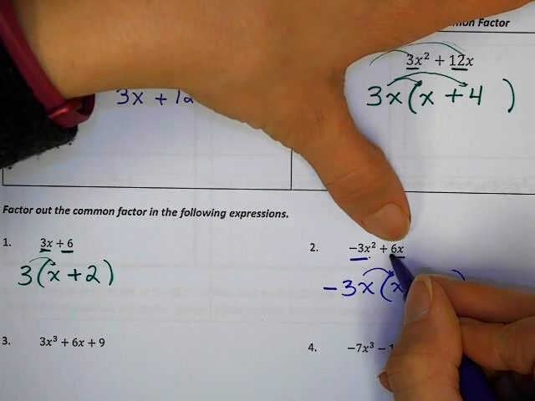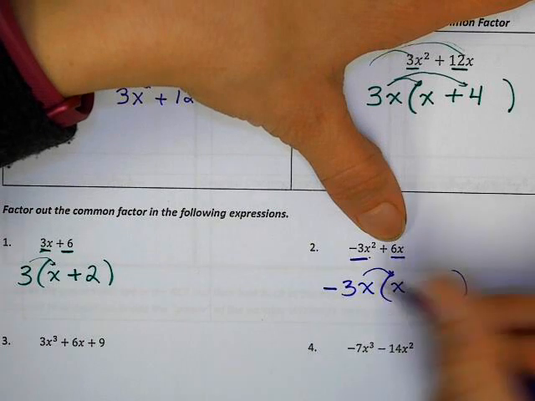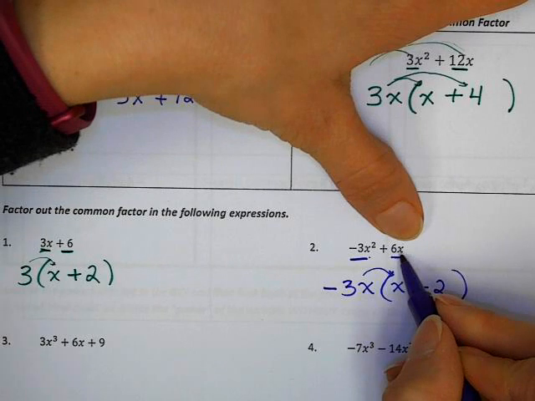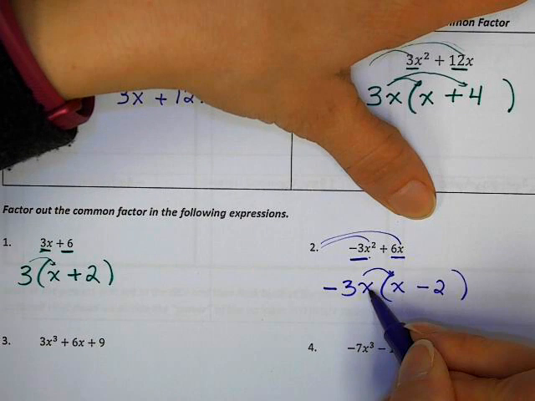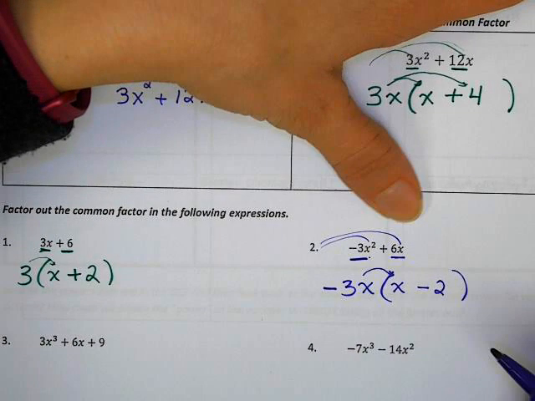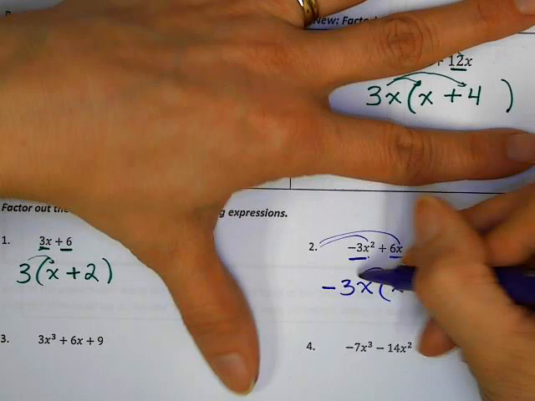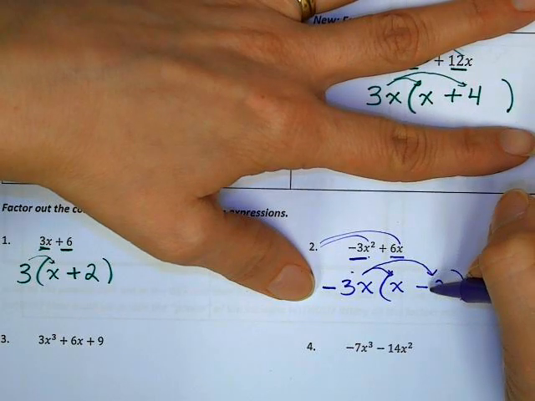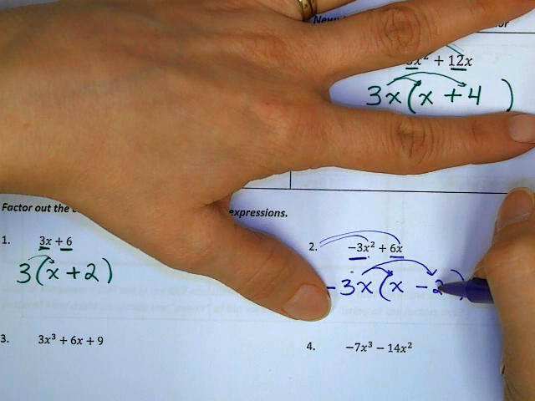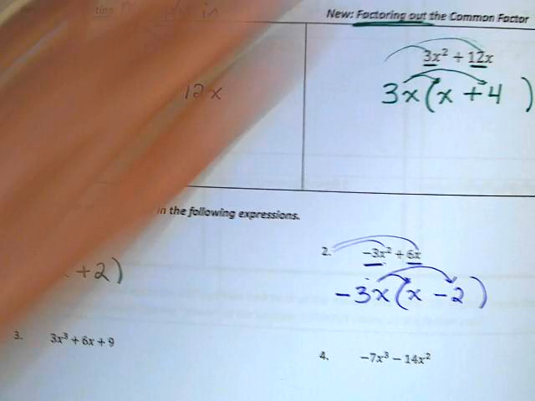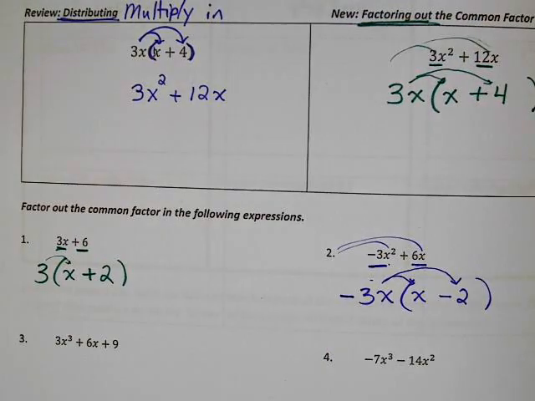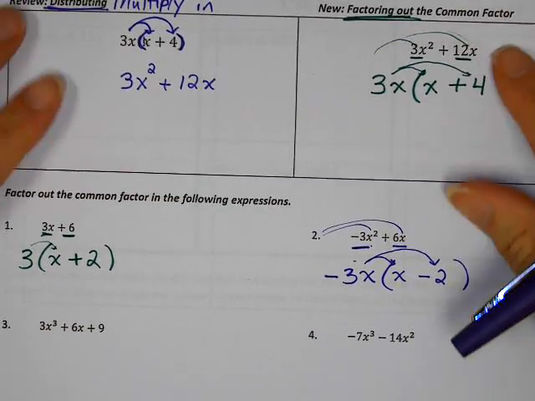A positive divided by negative is negative 2. He had an x, but I took it out, so I think that's all he has left. Is that right? Is negative 3 times negative 2 a positive? 3 times 2 makes 6. Yep, that works.